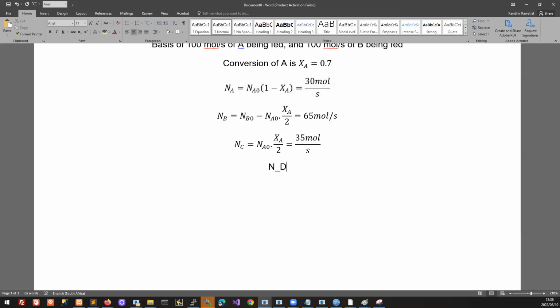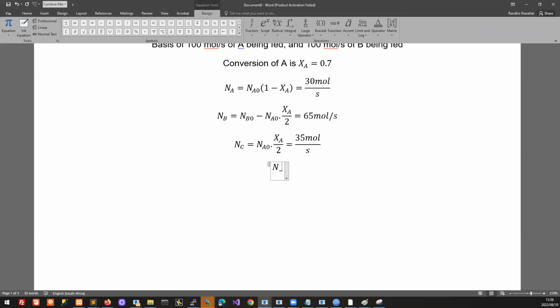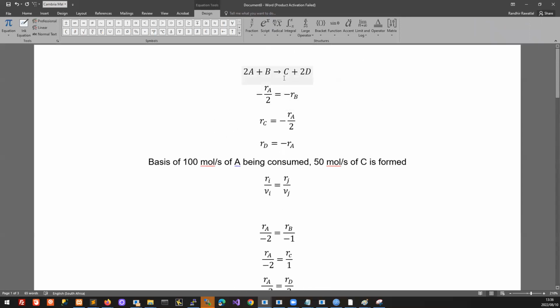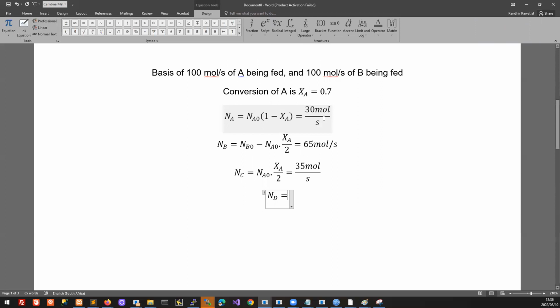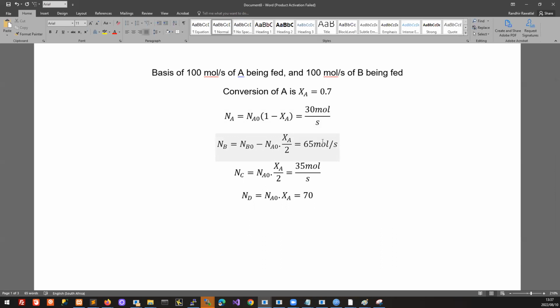And then ND, so the moles of D that form is equal to the moles of A that's consumed. So we get the same amount of D formed as A is consumed. So NA naught times XA, that's going to be the amount of D, and that's equal to 70 moles per second.